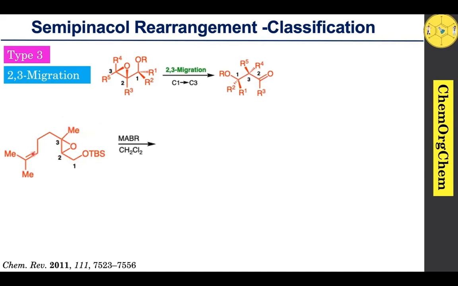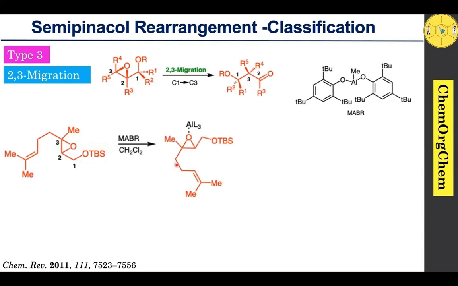When you treat this epoxide with a sterically hindered Lewis acid, which readily coordinates with the epoxy oxygen, it makes the stable carbocation intermediate. Now you see this is the third carbon.